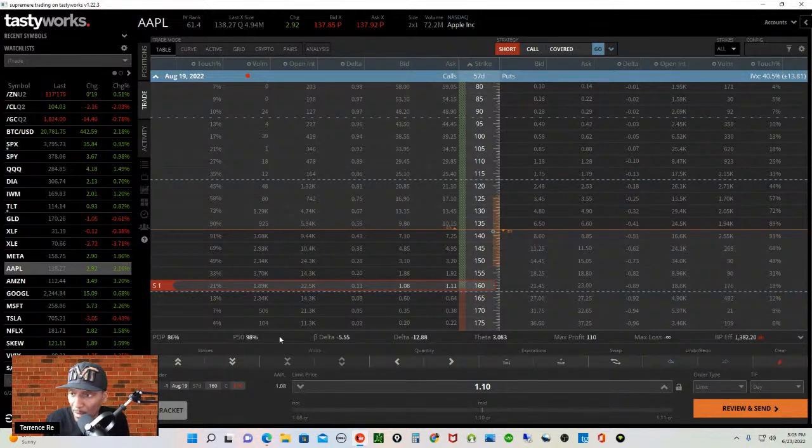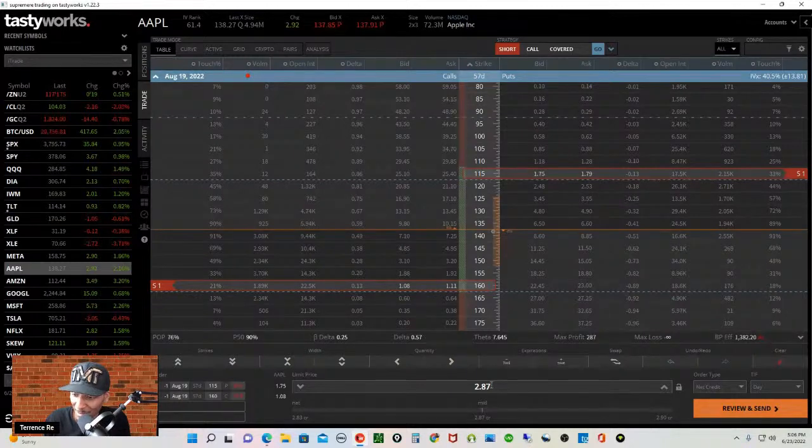Or you can strangle it off if you want to. Sell the 13 delta, come down here and sell this 13 delta. Now you got basically a one standard deviation strangle, and you still collect a little bit more than right around a fifth of the buying power.